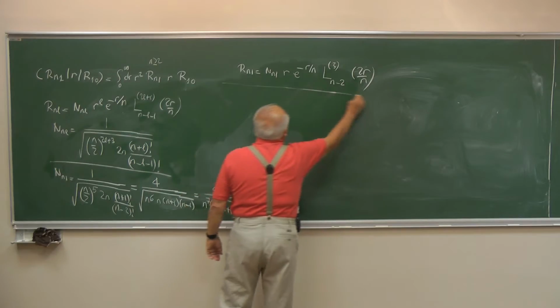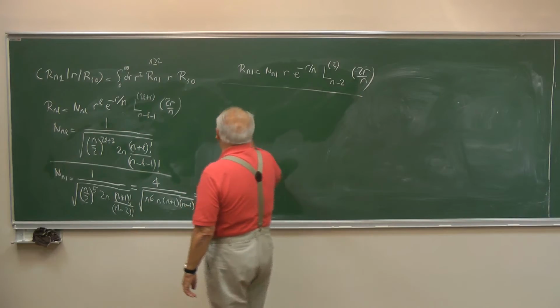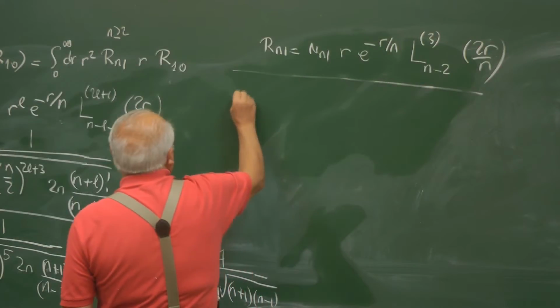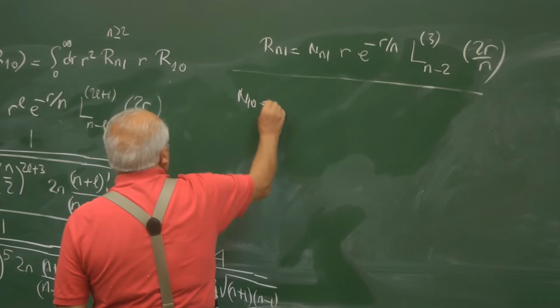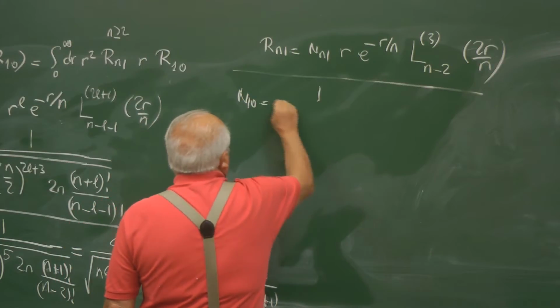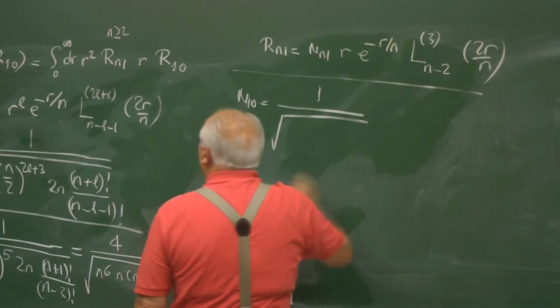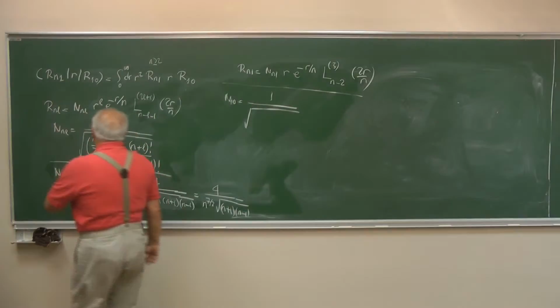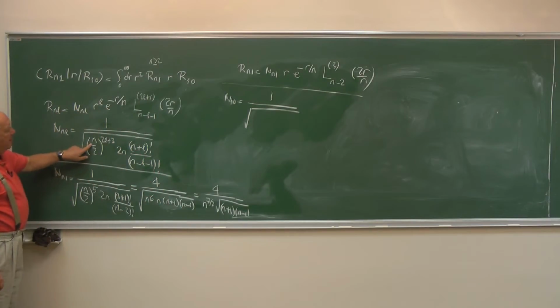Let's do the same thing for R10. First N10, the normalization constant. Here n is 1 and l is equal to 0.